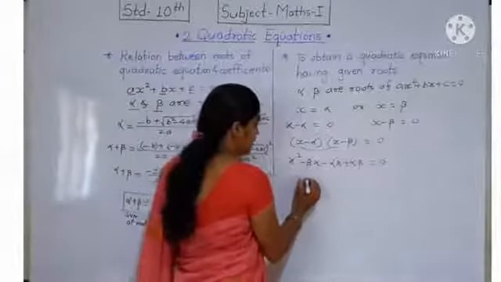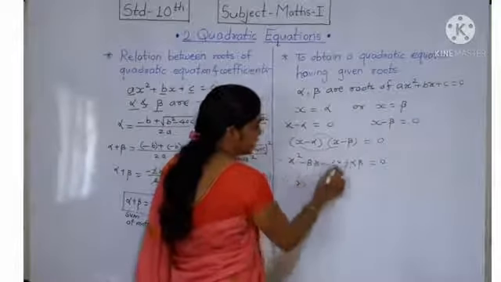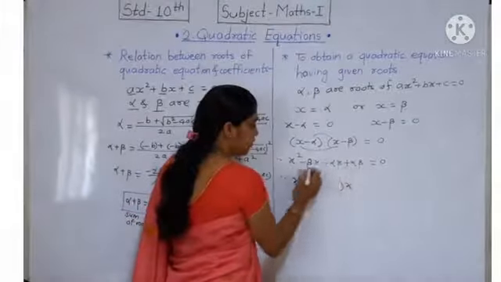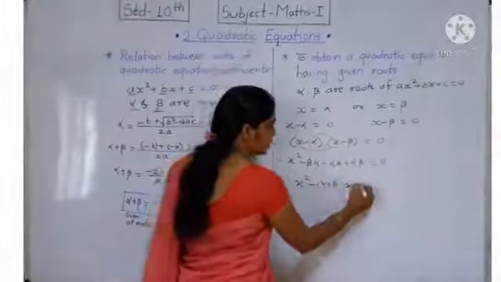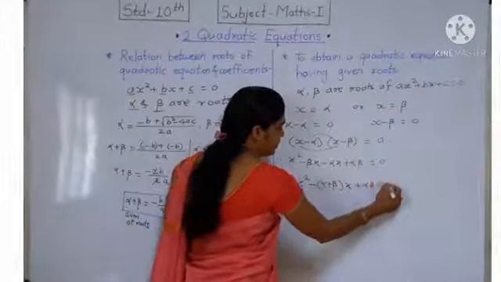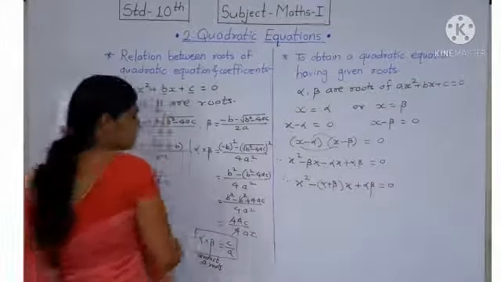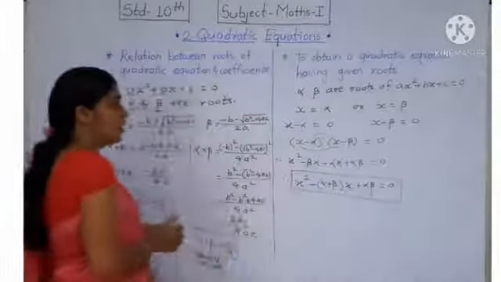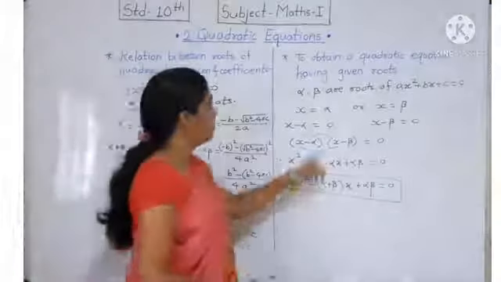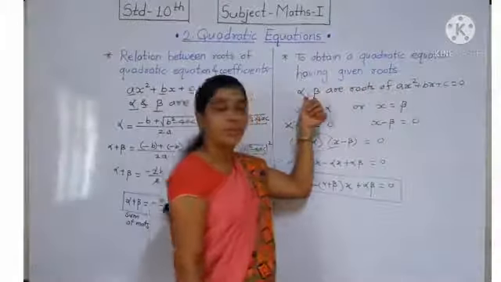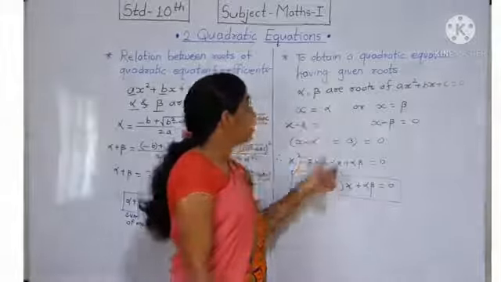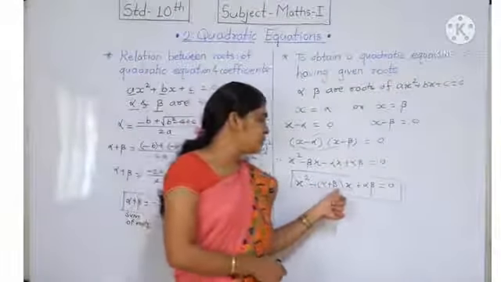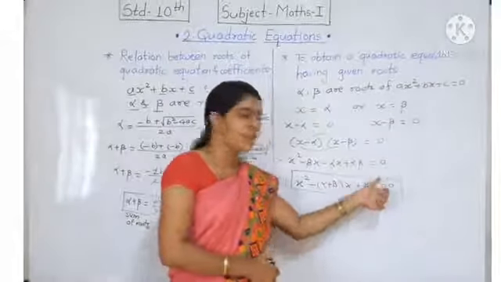That is x square, take x common, minus alpha plus beta into x plus alpha beta is equal to 0. So this is the quadratic equation we have formed from the given roots. Here given roots are alpha and beta. Then how to form the quadratic equation? X square minus alpha plus beta into x plus alpha beta is equal to 0.